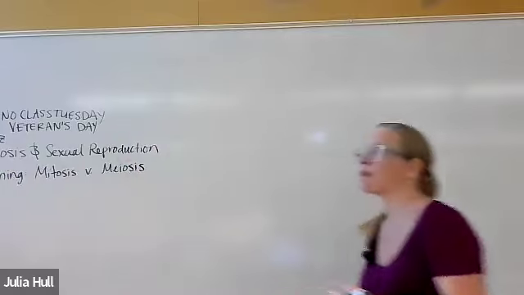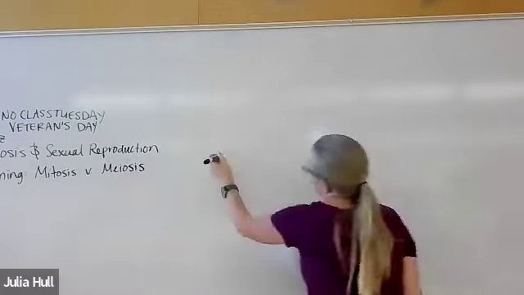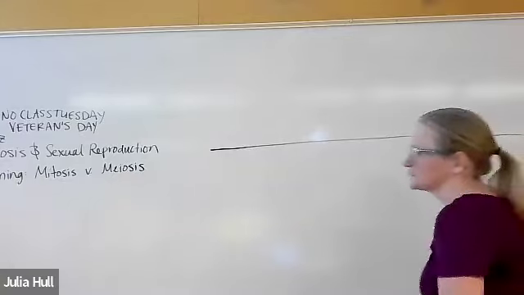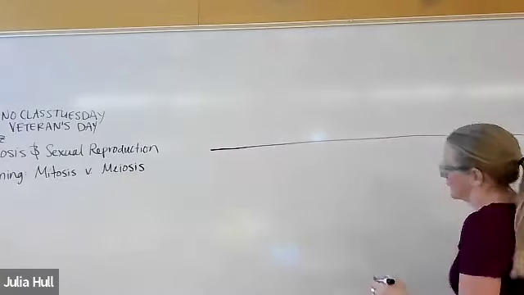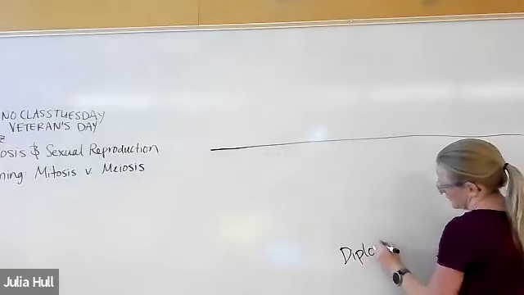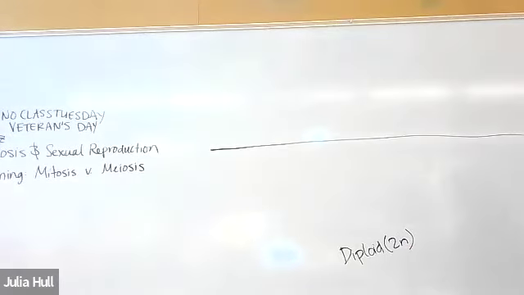Yeah, I will draw this on the board. All right, so whenever we're looking at a life cycle, we're gonna build this thing that I call a ploidy fence, okay? And on one side of the fence, we're gonna have a diploid stage of life. Remind me what it means to be diploid.